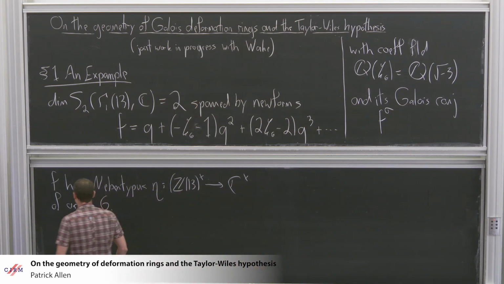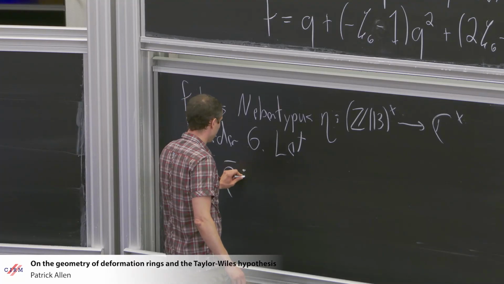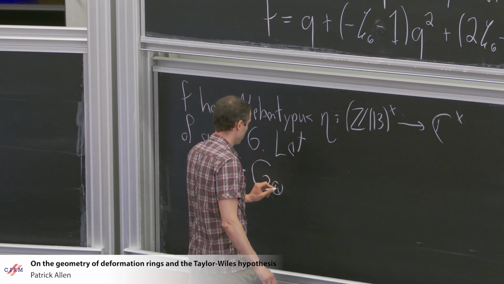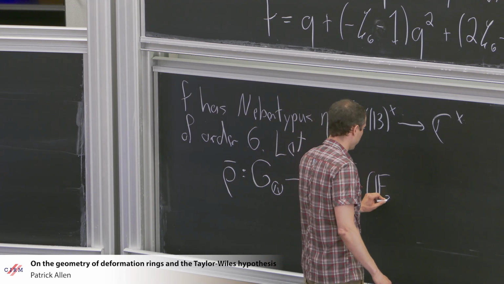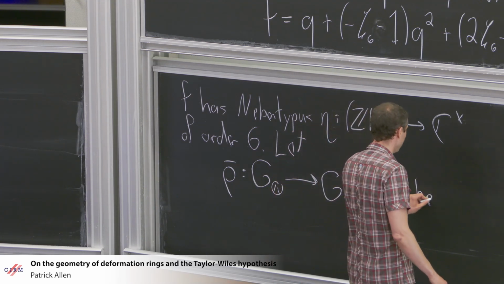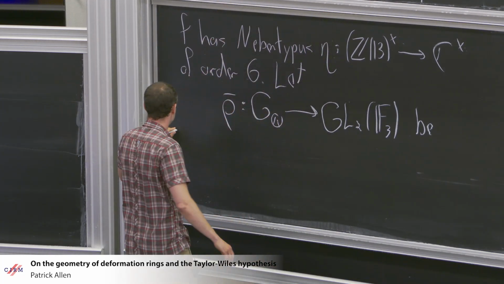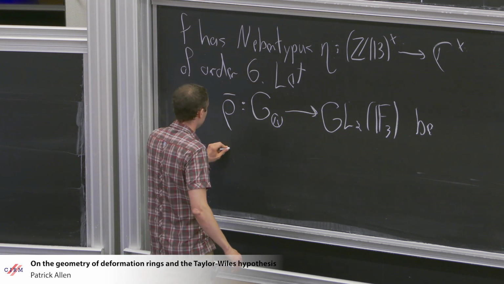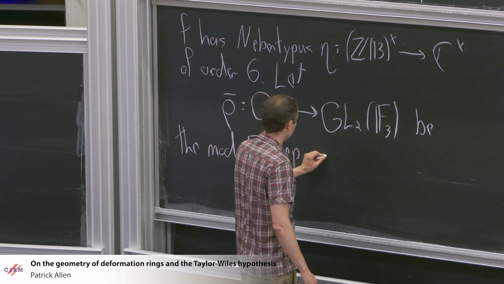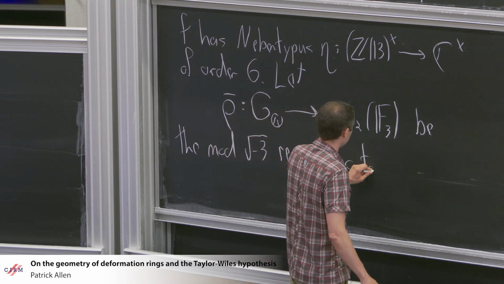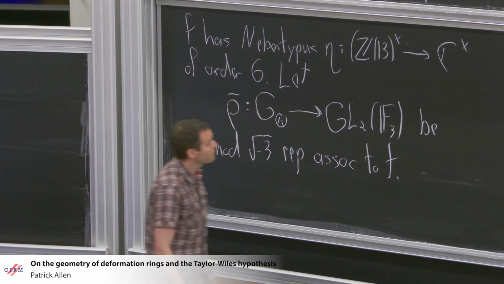So let rho bar from G_Q to GL_2(F_3) be the mod square root of minus 3 representation associated to F. Okay? Now this is absolutely reducible.